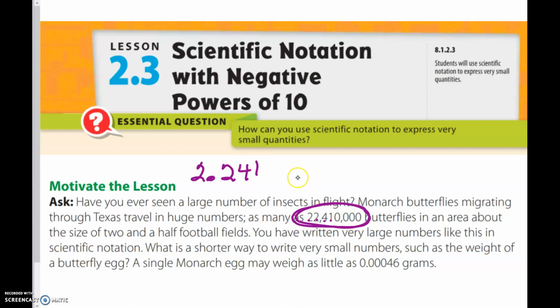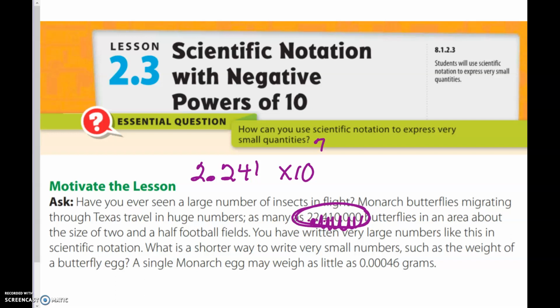All right, then second step, write times 10. And the third step is we put this decimal between the 2's right here. So now we moved it 1, 2, 3, 4, 5, 6, 7 places. That becomes our exponent. Okay, what we're going to be doing today is dealing with very small numbers.